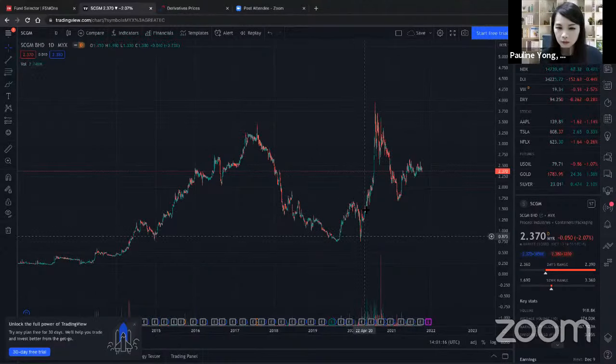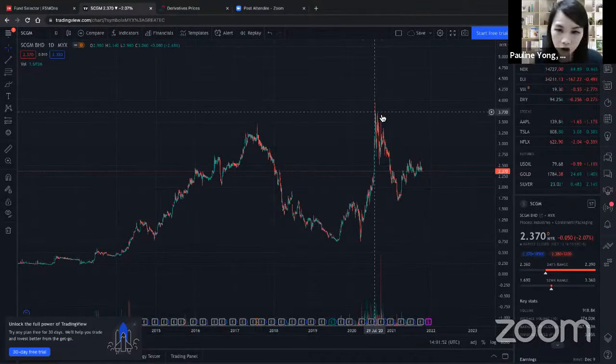This uptrend, this is wave number 4. Almost there, but haven't. Okay, so if this is wave number 4, then you are looking at wave number 5 here. However, the way I look at the situation, this wave number 5 most likely is going to be truncated as well, because in order to have that wave number 5, you need to pass this level.